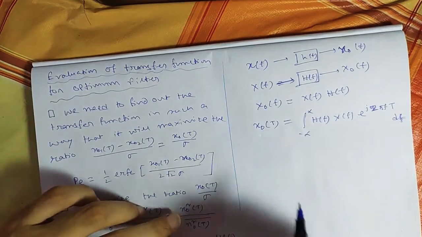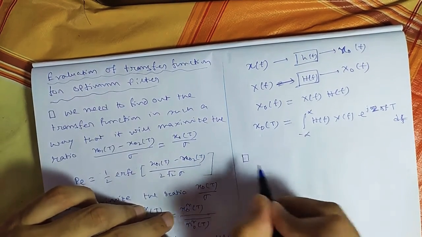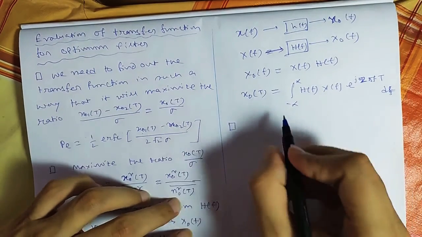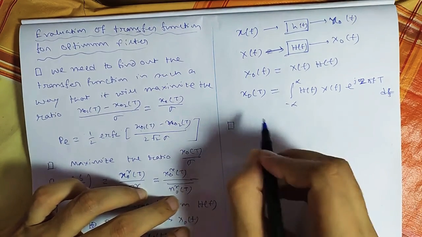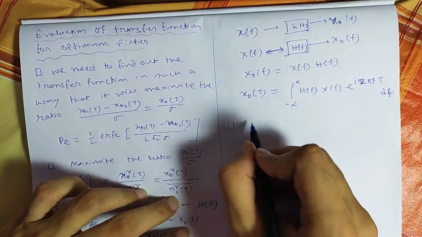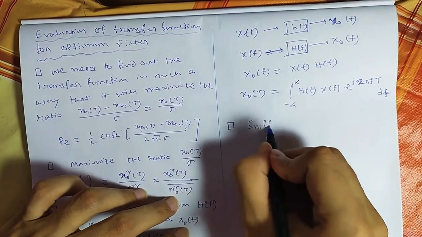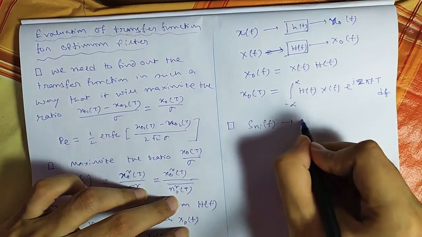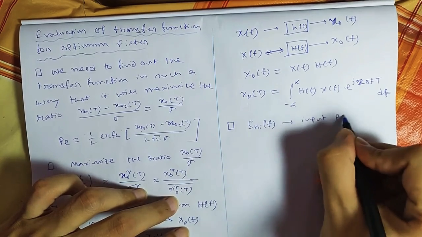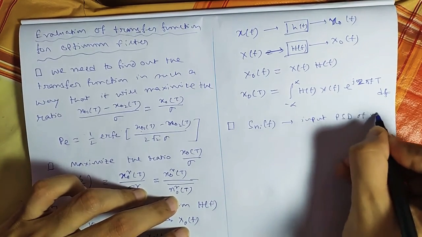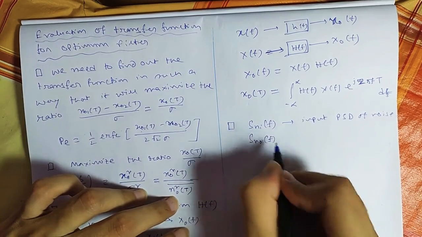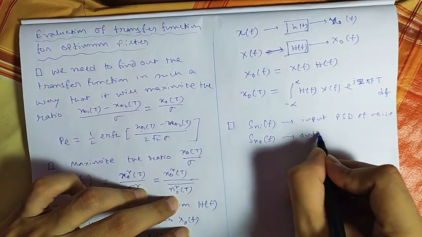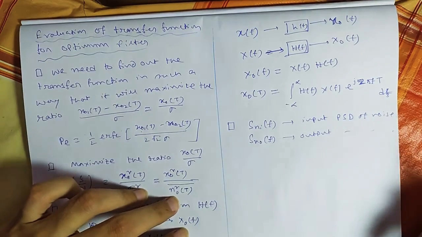Similarly, for noise we'll use the power spectral density. Assume the input power spectral density is SNI(f), the input PSD of noise, and SNO(f) is the output PSD of noise.